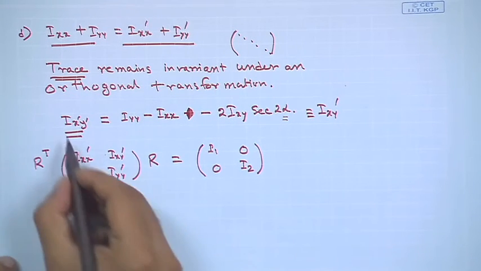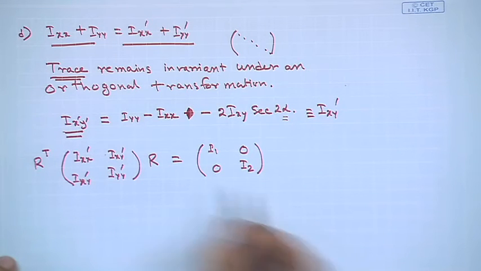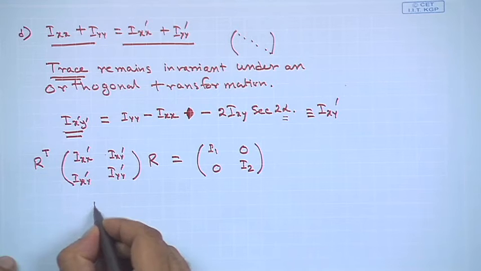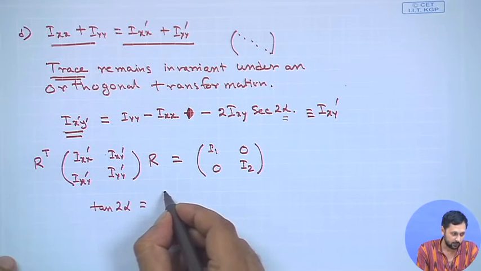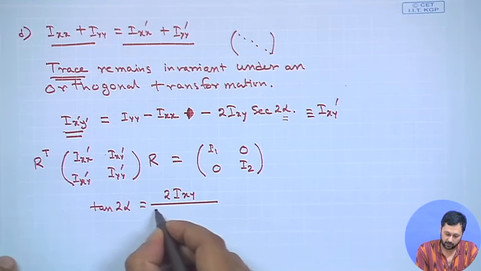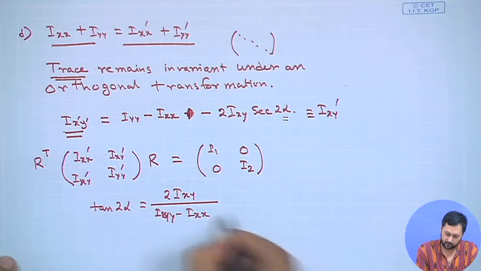Once we have the expression for I x prime y prime, we can set that equal to 0, and if we do that, we will find this particular relation, that tan 2 alpha is equal to 2 I xy divided by I yy minus I xx.